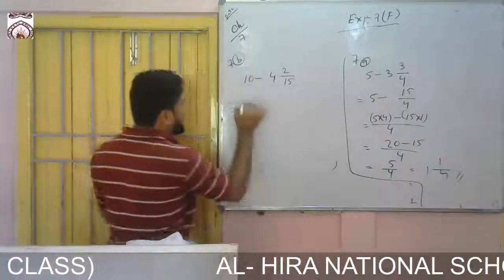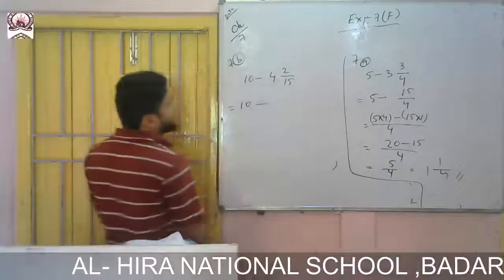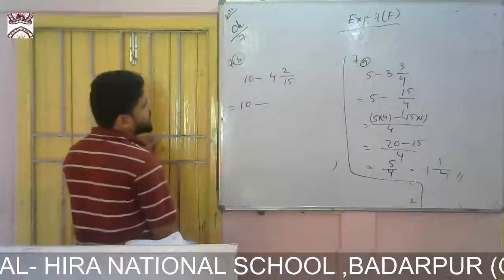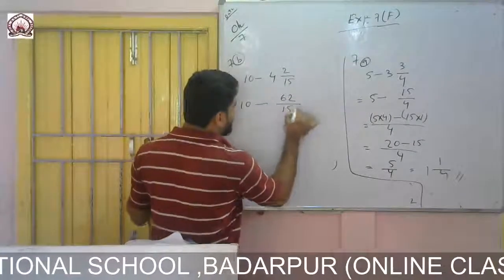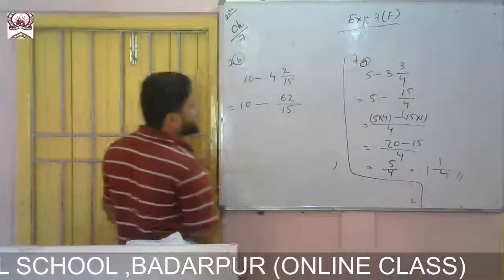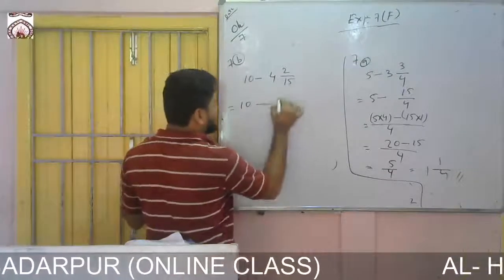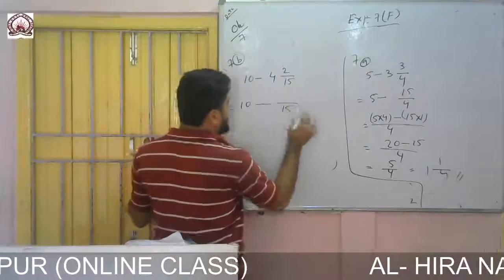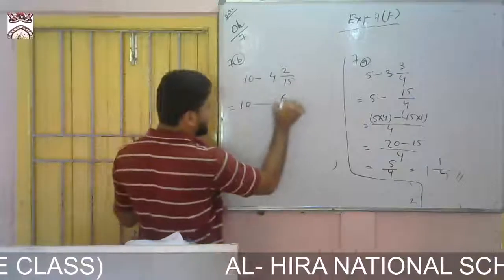First you break this one. 4 times 15 is 60. 60 plus 2 is 62. So 62 by 15. As I have shown earlier, 4 times 15 is 60, and 60 plus 2 is 62.